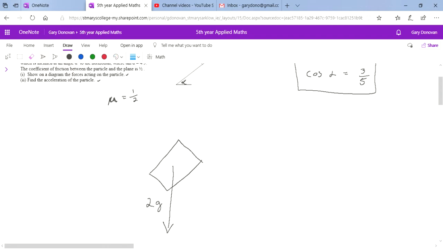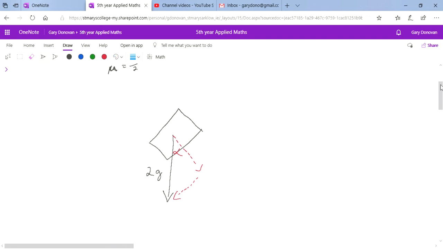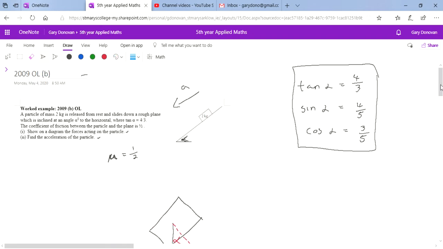Now what I said to you before was that if that angle there is alpha, when we resolve this into components which are perpendicular and parallel to the plane, that angle is also alpha. Where do I get that from? If this goes down straight and I resolve it into two components, let's say I draw another line here which is horizontal.